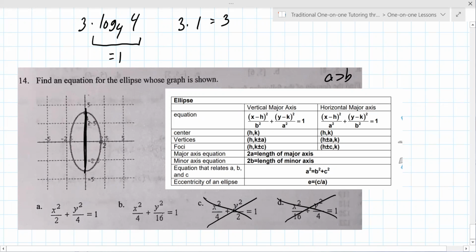You can use these values to find the major axis. So 2A is the major axis. I was going to say, since this is 4 squared and this is 2 squared, you can maybe use that to say, okay, well, that's 4 and 4.